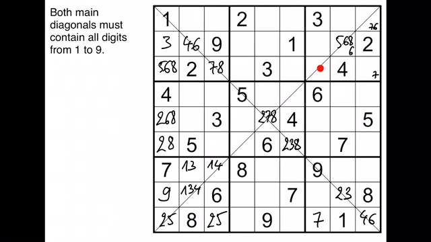This one can only be 1, 5 or 8. In this 3x3 box or block, whatever you want to call it, 5 can only go here or there.